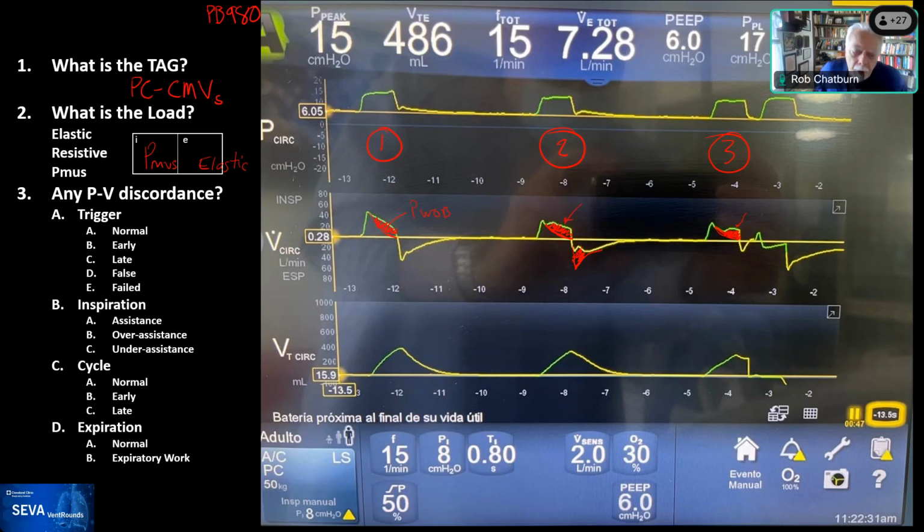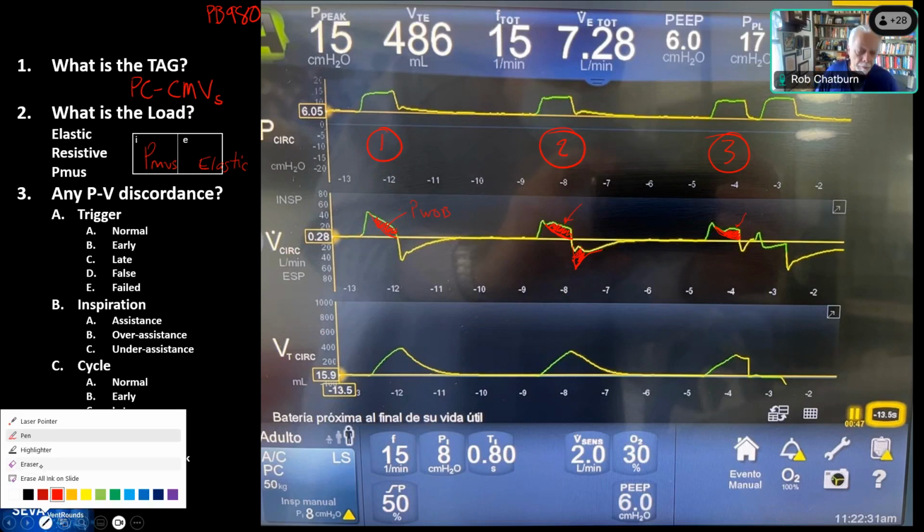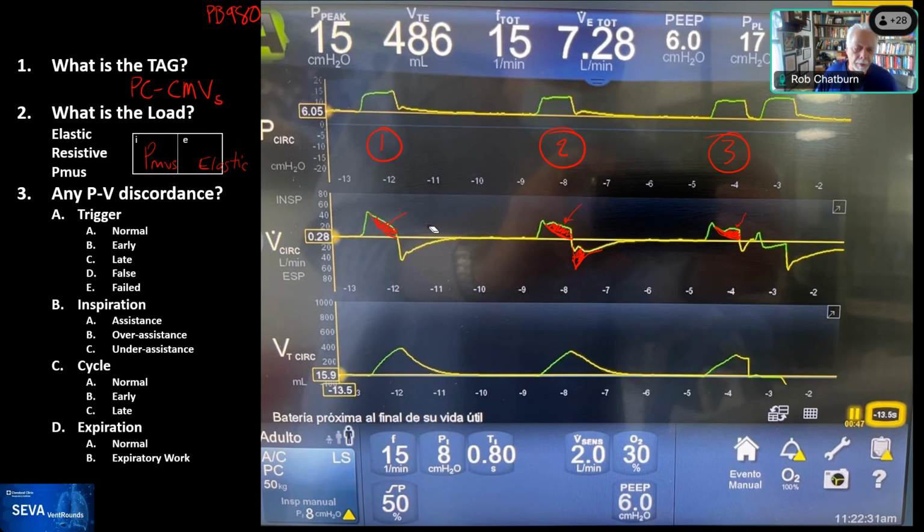Yeah, you have drawn in some red shaded areas on the flow waveform. That shows the difference between a passive inflation and an active inflation caused by PMUS. So when you have an inspiratory PMUS, you get an increased inspiratory flow and an increased tidal volume above passive inflation.